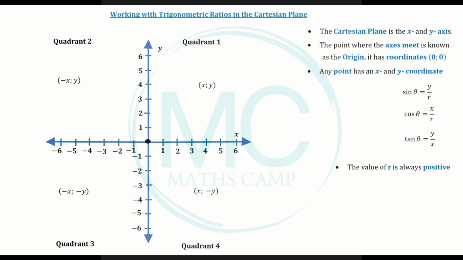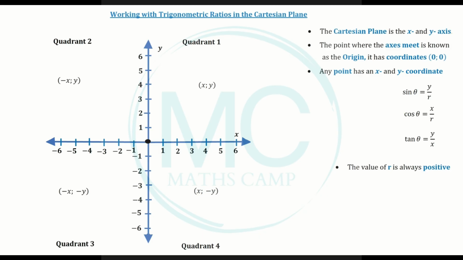The value of r is always positive. It doesn't matter what quadrant the point lies in, but we can see that the different quadrants determine if x and y are positive or negative. This means that the different quadrants will determine if the trigonometric ratios are positive or negative as well.